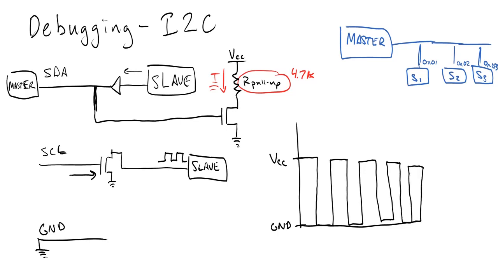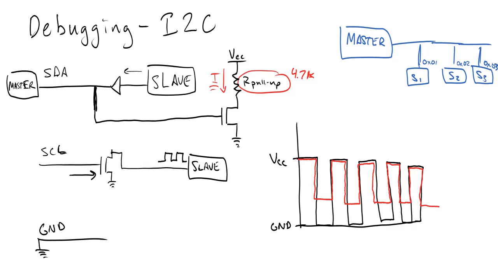But what we might see is something like this. The point being that the signal is not swinging all the way to ground. You'll see this eventually at some point in your career or in school.